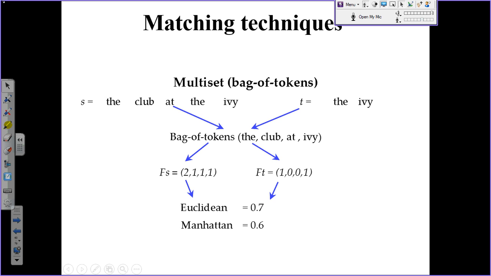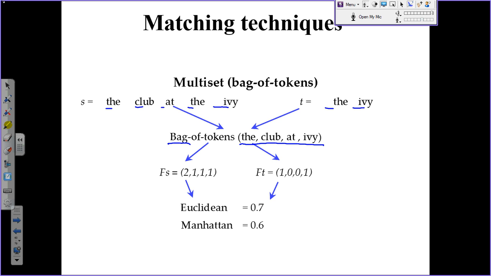And even this kind of bag of tokens. The bag of tokens is used in document clustering quite a lot, so that's why we mention it. The idea is that we consider the 2 sequences, put them together as a big bag, and find out what the unique words are. We collect all the unique words and call it the bag of tokens.